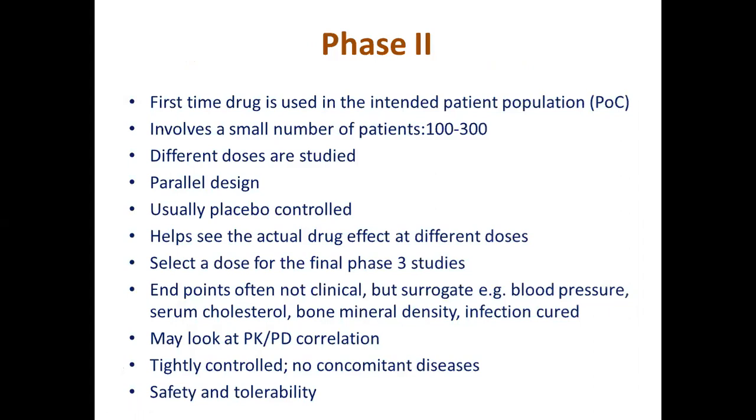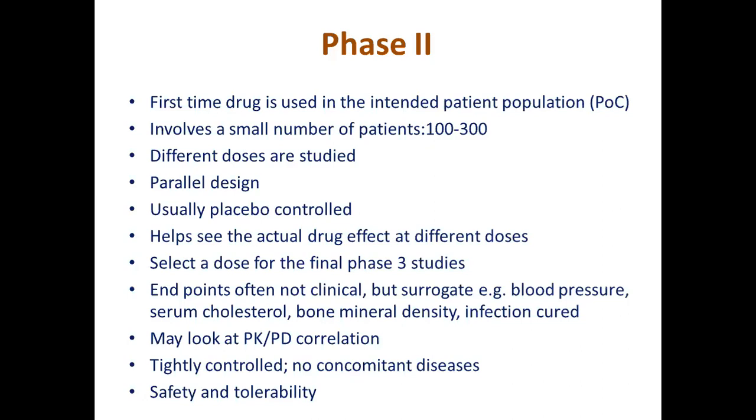So for the first time here, the drug is used in the intended patient population. So point of care or proof of concept is seen here. Next, it involves a small number of patients, but larger than phase 1 clinical trials. It includes 100 to 300 patients. Different doses are studied, so these are dose finding studies.